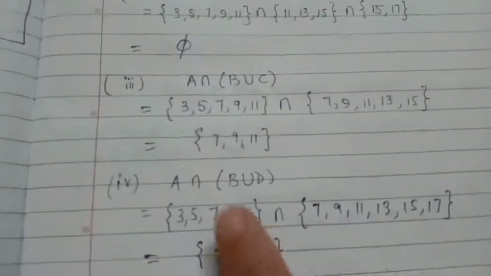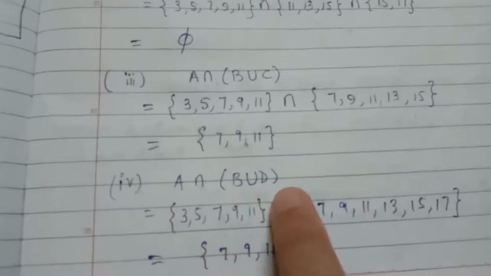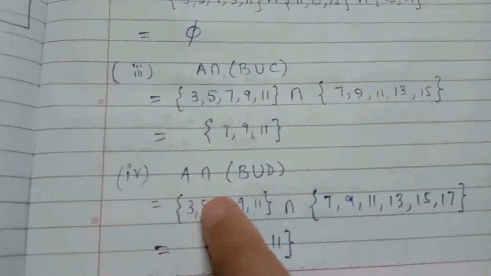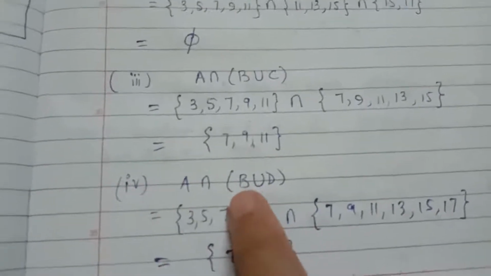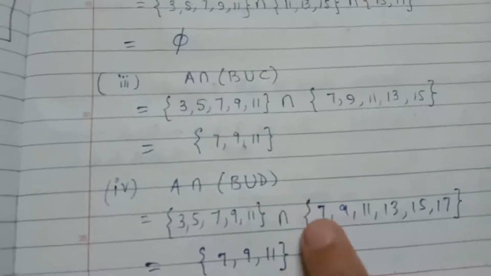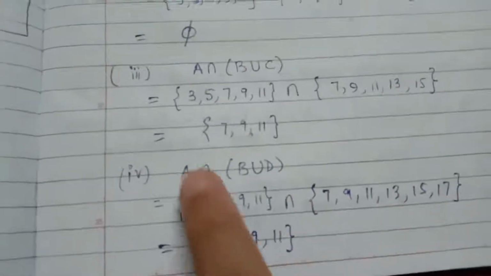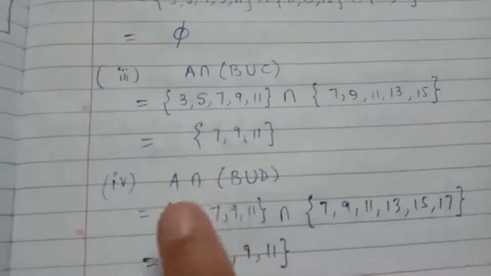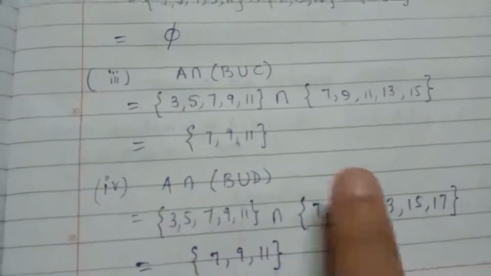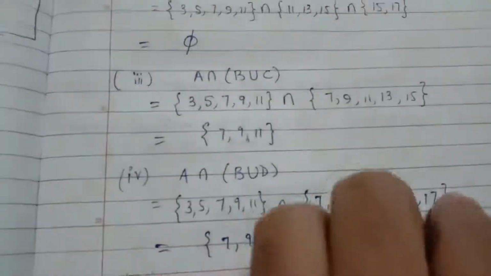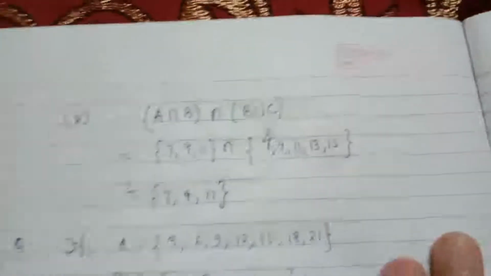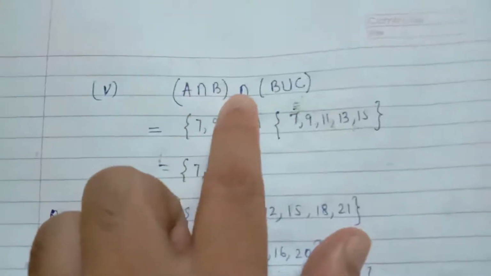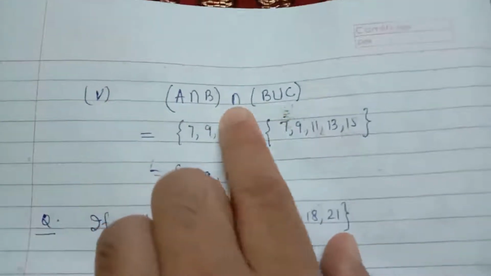Next, A intersection (B union D). First we have to find B union D and then the elements which are common to A. That is, you have to find the common elements of these two sets, which is 7, 9, 11. Another question, number 5, (A intersection B) intersection (B union C).